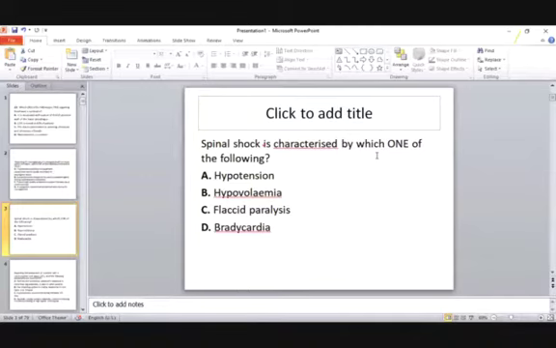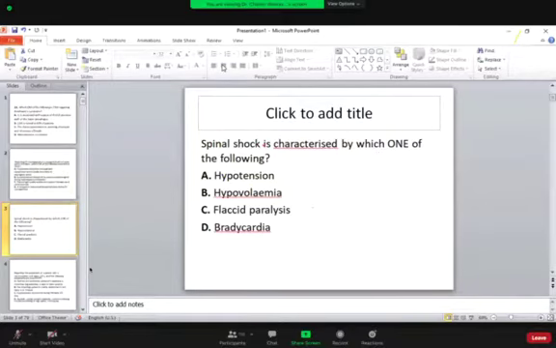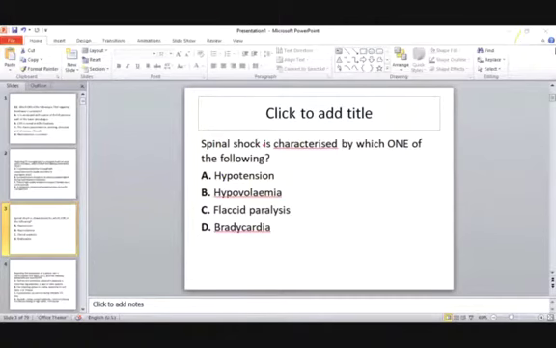What are the breathing problems that you can get in a patient with spinal cord injury? Due to diaphragmatic paralysis and the mechanism of injury, there may be hemothorax, pneumothorax.